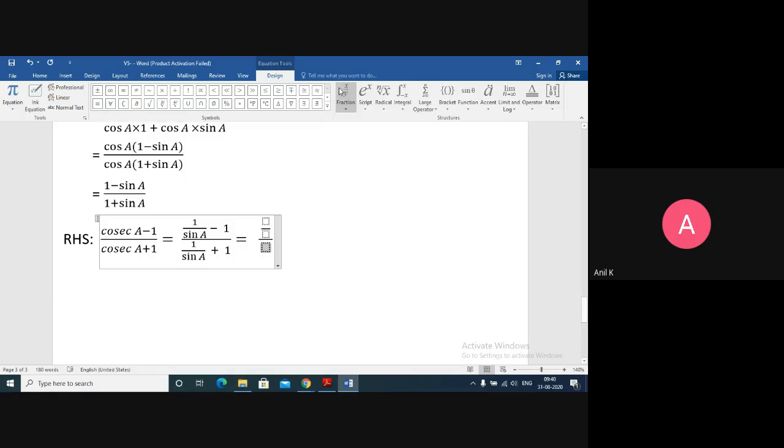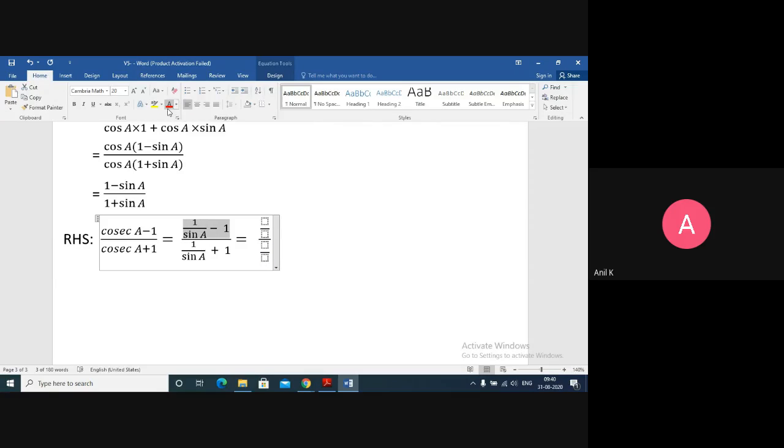Here also a fraction will come. Here also a fraction will come. So numerator in the sense, I am talking about this much. It is highlighted with the red color, that is the numerator. So LCM will be sin A. Here you will get 1 minus sin A.